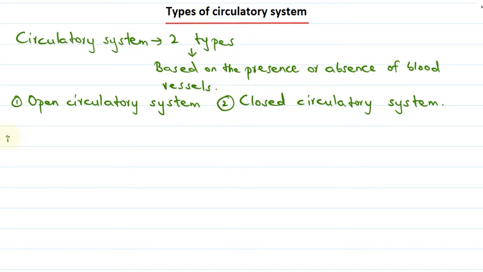So let's first understand what is open circulatory system and why we are calling it open circulatory system. What happens in open circulatory system?